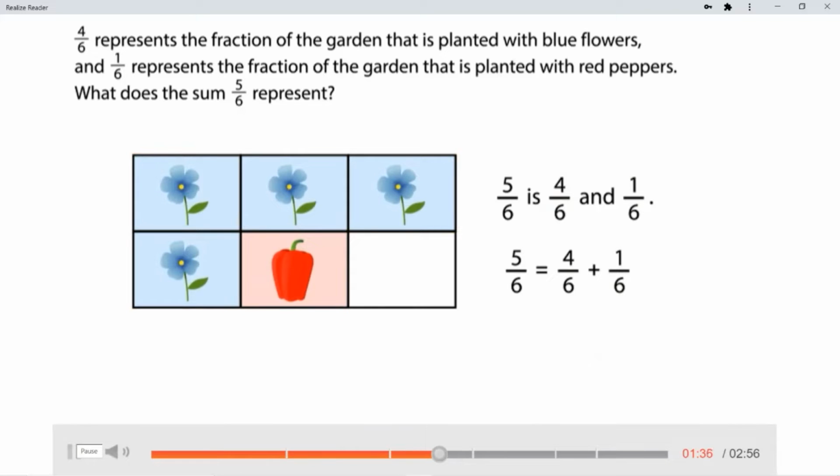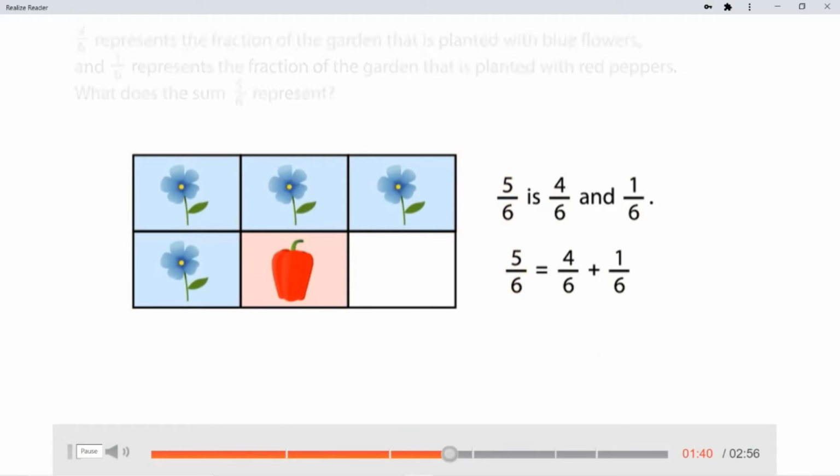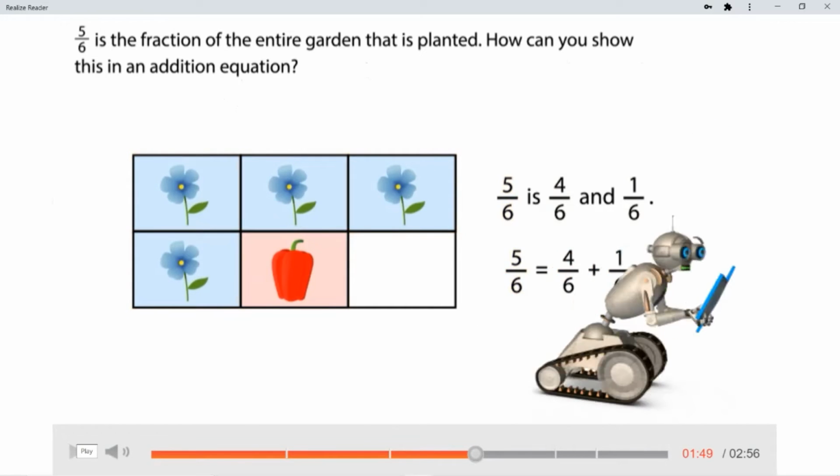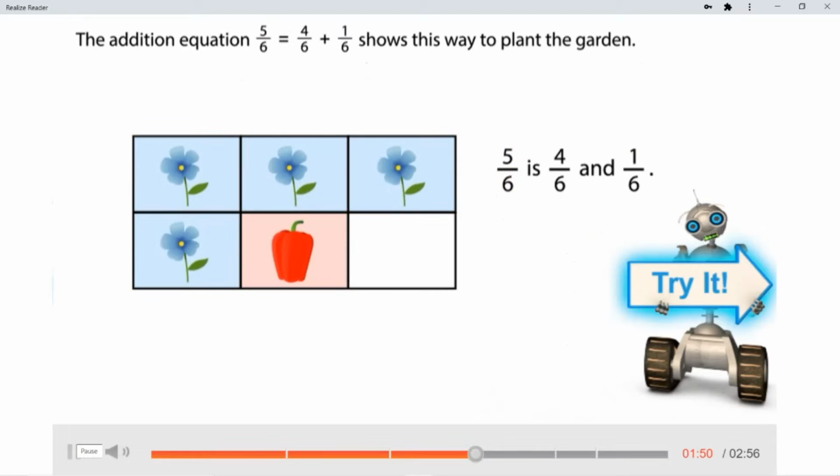What does the sum 5/6 represent? 5/6 is the fraction of the entire garden that is planted. How can you show this in an addition equation? The addition equation 5/6 equals 4/6 plus 1/6 shows this way to plant the garden.